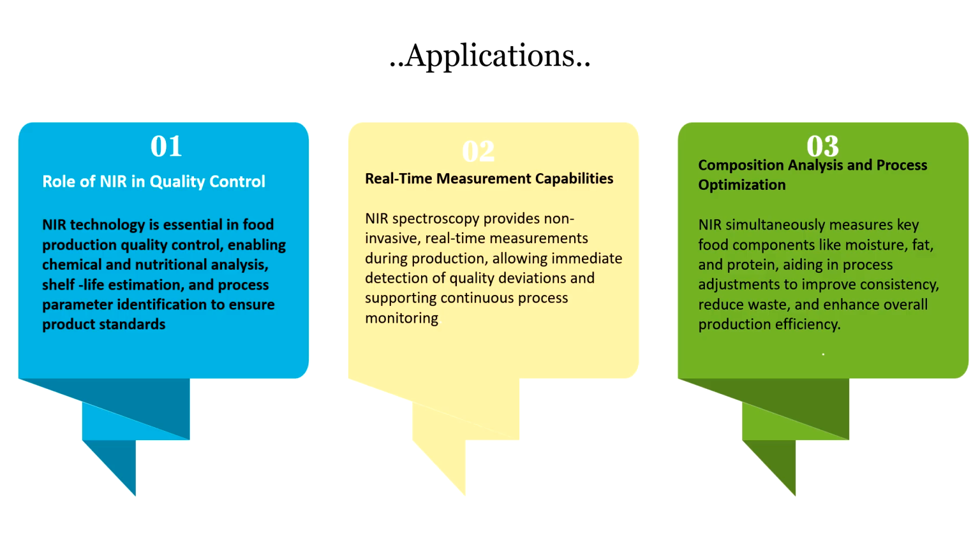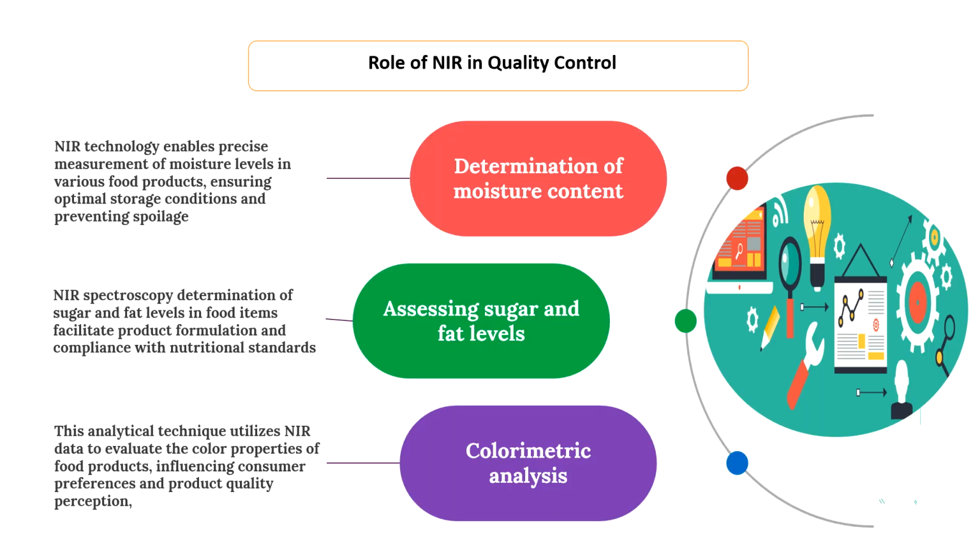NIR spectroscopy provides non-invasive, real-time measurements during production, allowing immediate detection of quality deviations and supporting continuous processing monitoring and composition analysis and process optimization. NIR simultaneously measures key food components like moisture, fat, and protein, aiding in process adjustments to improve consistency, reduce waste, and enhance overall quality.